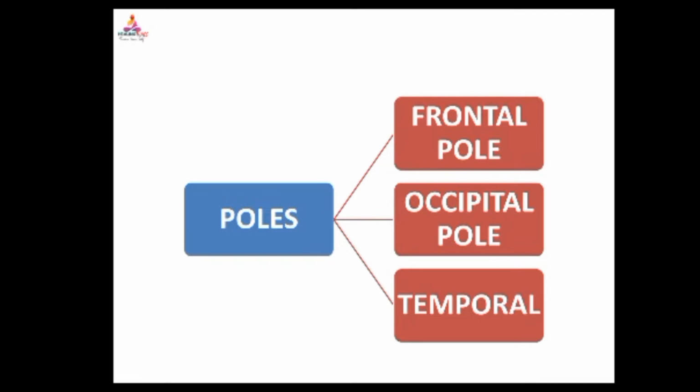Each cerebral hemisphere presents three poles: frontal pole, occipital pole, and temporal pole. The anterior end of the hemisphere is the frontal pole and the posterior end is the occipital pole. The temporal pole is below and in front at the junction of the orbital and temporal surfaces.